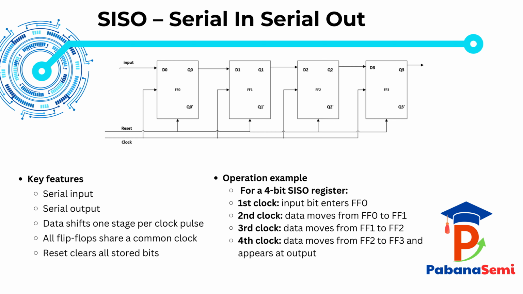For example, in a 4-bit SISO register, the first clock stores the input bit in the first flip-flop. The second clock moves the data to the next stage, and this shifting continues until the data reaches the final output. SISO registers are commonly used in serial data transfer and delay applications.